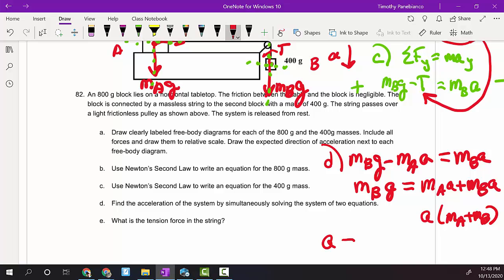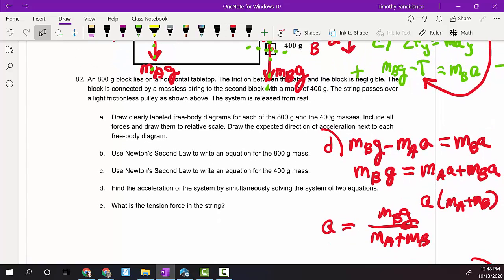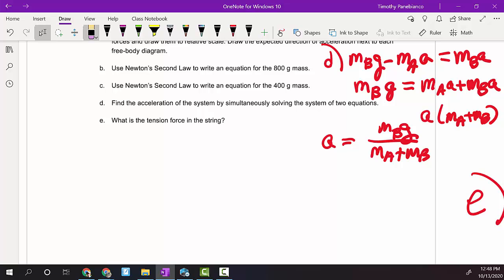So if we want acceleration, we can divide the left side by MA plus MB, and now we can substitute our values in. Of course, be careful, when we are doing work in physics, we always convert from grams to kilograms, so let's do that right now.